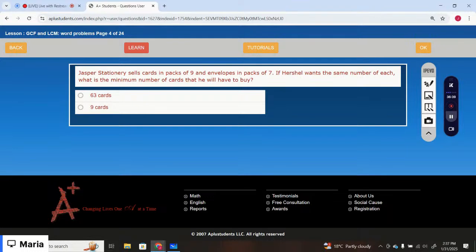That is 63. 9 times 7 makes 63. Option number 1 is the correct option.